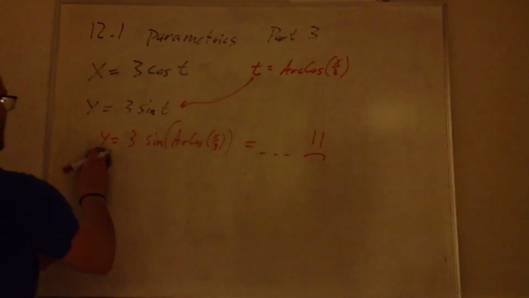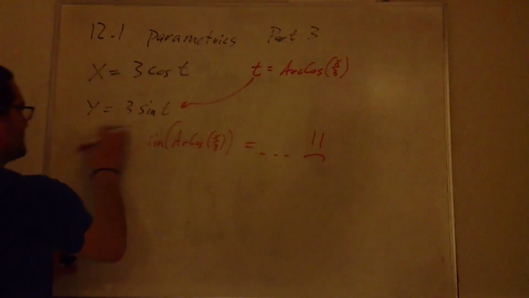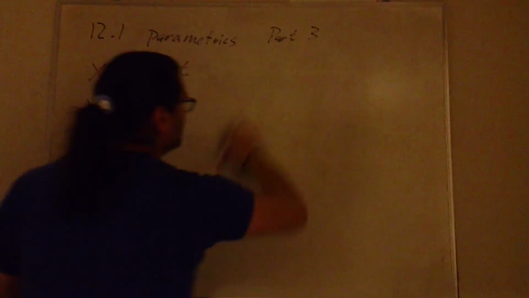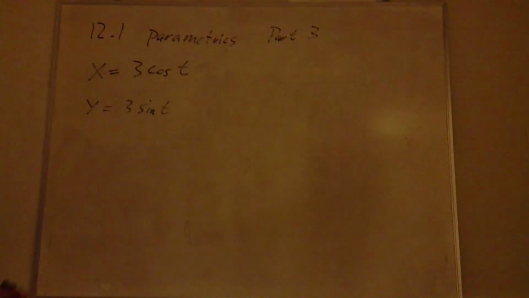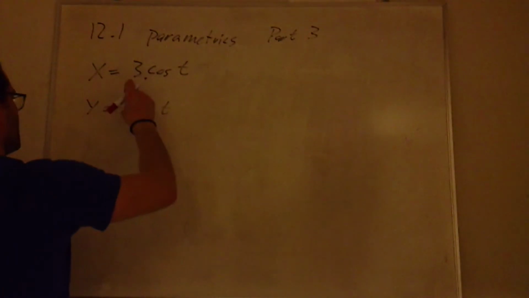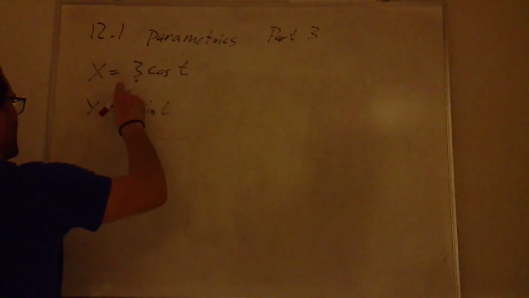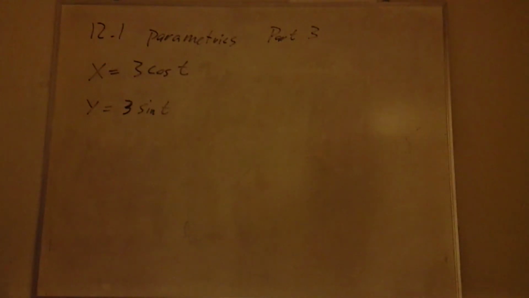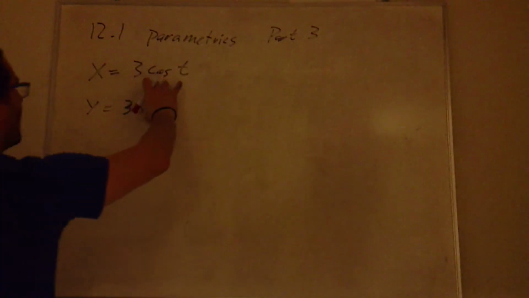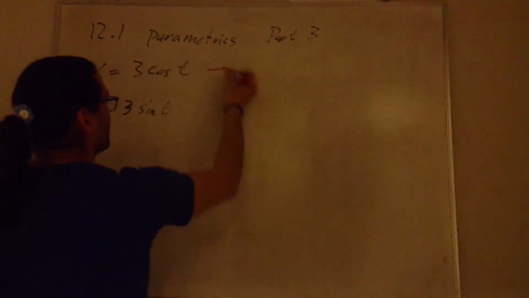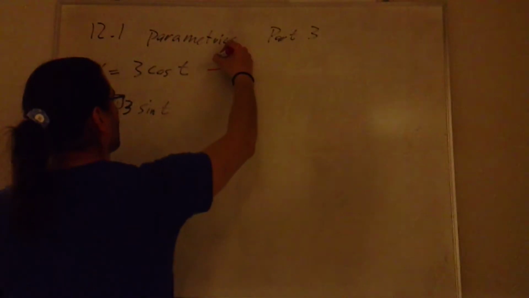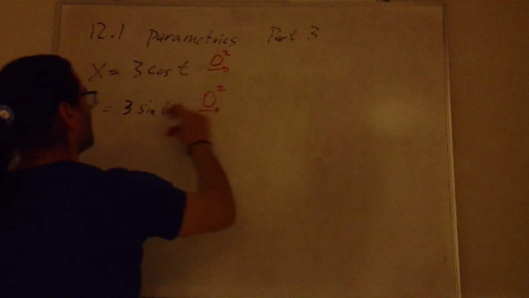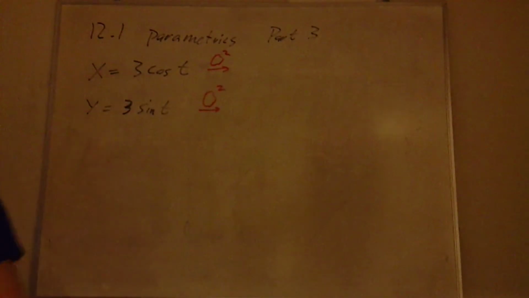Solving for t is not going to help us. Or maybe it will. It's not what I want to do though. Here's what I want to do. I want to redraw this 3 so it's not half erased. Instead of solving for t, I'm going to square both sides of this equation, and I'm going to square both sides of this equation.